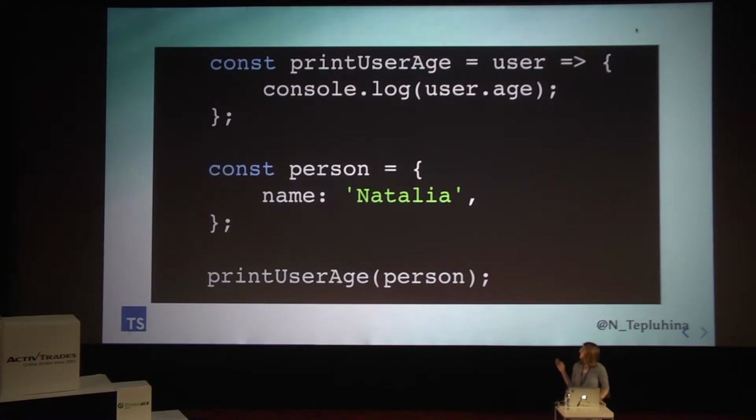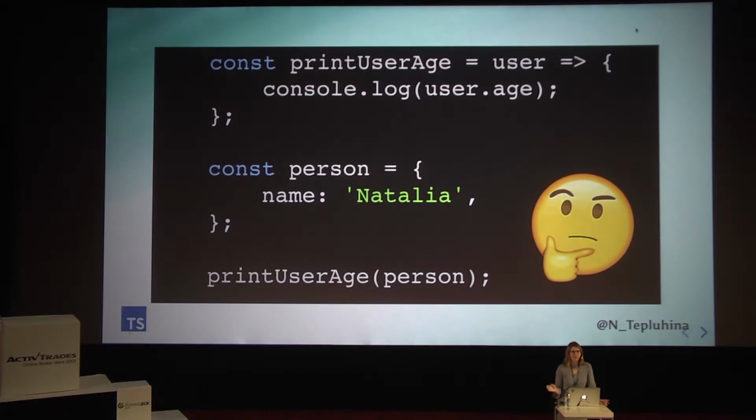Let's have a look at this simple example. So there is a function that accepts user and tries to console log user age. And we are sending the parameter person, which has only one property, it's a name, no age here. Let's run the function, and guess what? What will you see in the console?